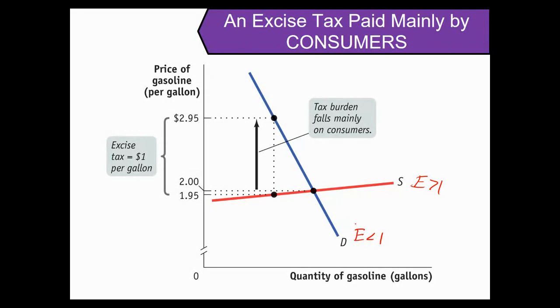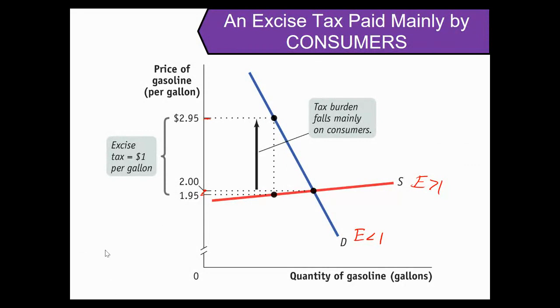Because the demand curve is inelastic, the burden of taxes, 95 cents of that tax, goes to the consumer, and only 5 cents of the tax is the burden of the producer, because the demand curve is inelastic versus the supply curve being elastic.